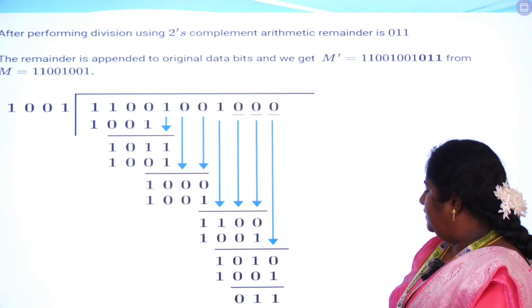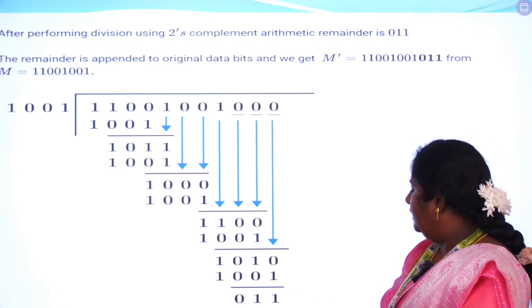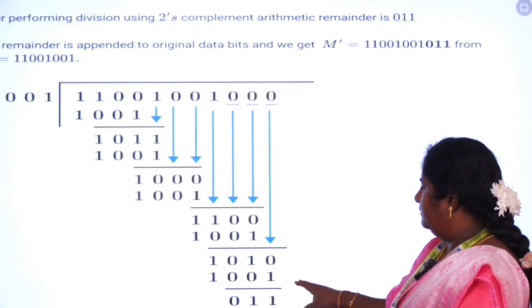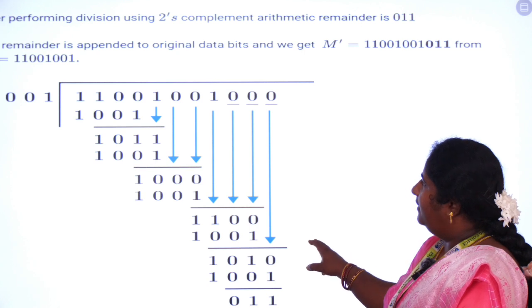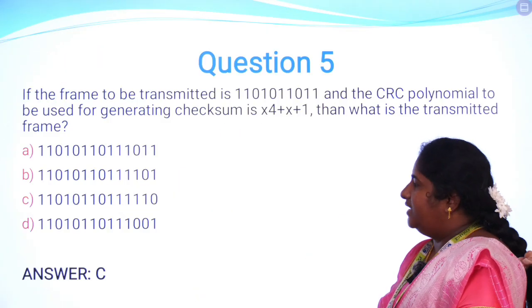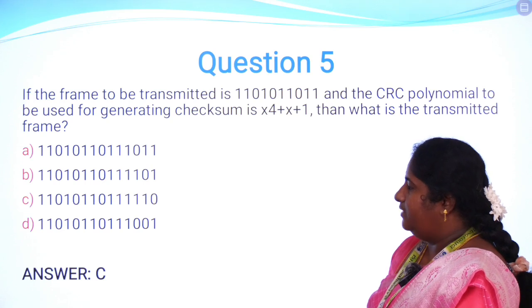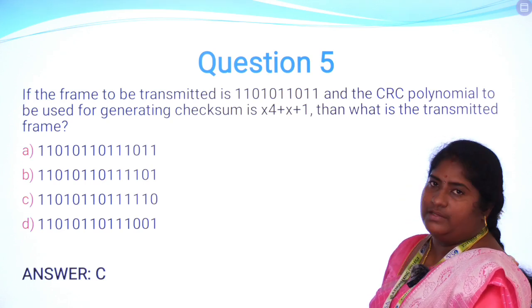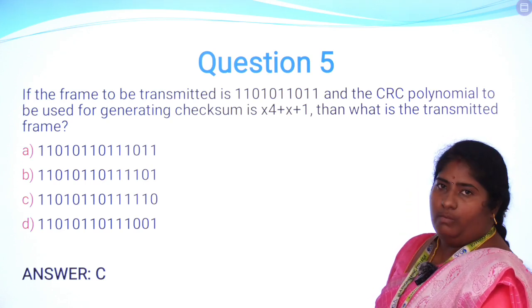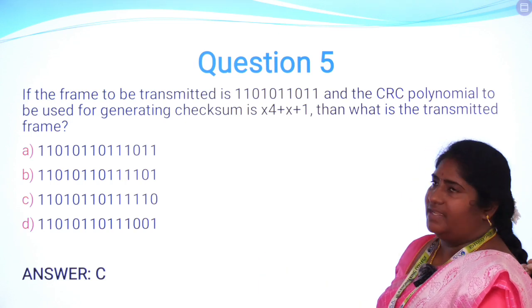After division, you will get a remainder of 011, which will be appended at the end. So the correct answer here is option C, 110110111110. So this will be the correct answer.